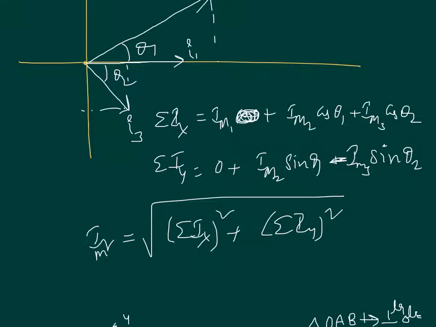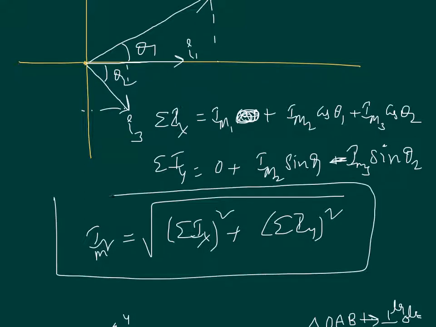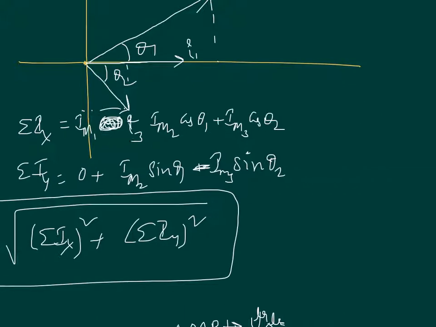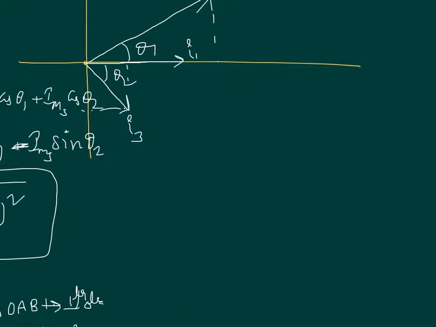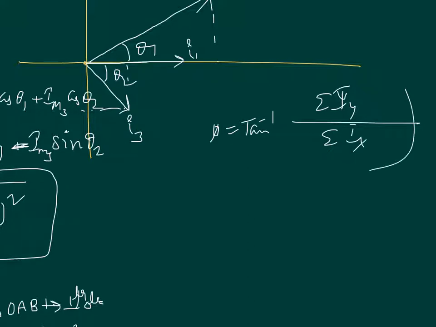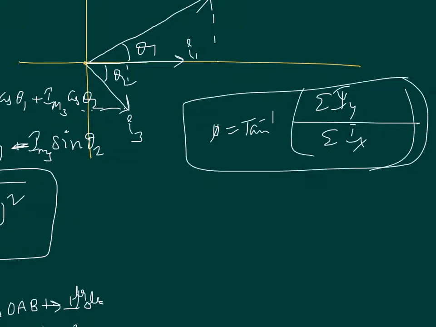This is the resultant maximum current. And how can we get the phase relationship? Phi equal to tan inverse of sum of y components Iy by sum of x components Ix. This is phi.